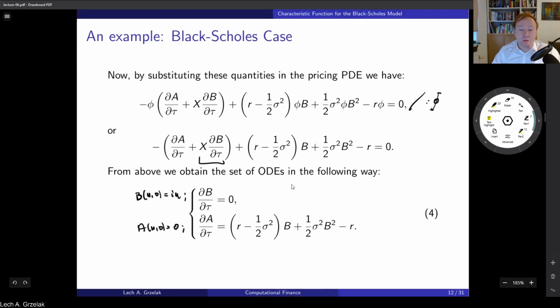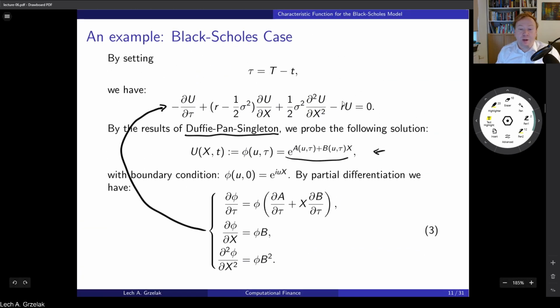In deriving characteristic functions, we always have to check whether we can apply this solution to this PDE. Those are the conditions that we will discuss later in today's lecture. Once this is the form of the solution, in order to find A and B we need to solve some ODEs, and the complexity of those ODEs will depend on the dynamics of the models.